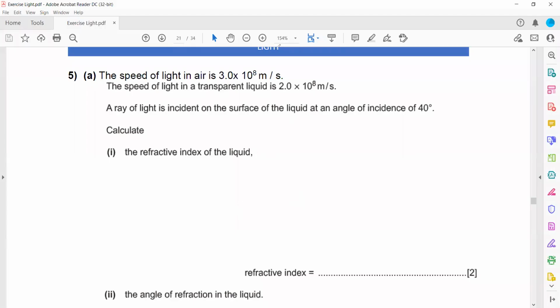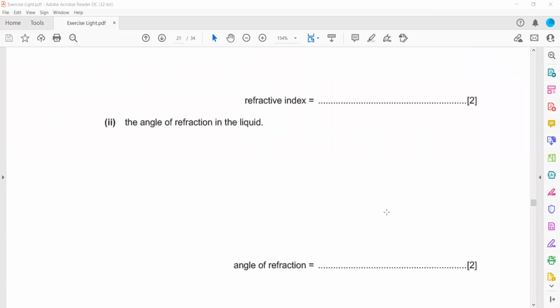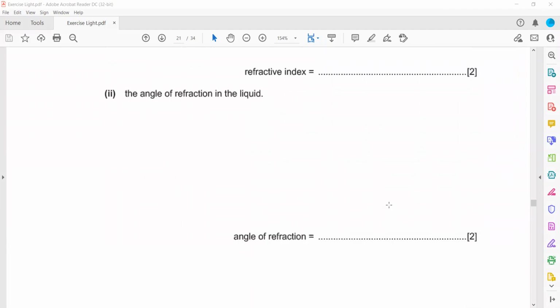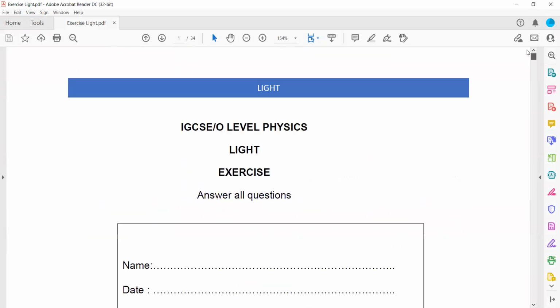So when we substitute the value, the angle of refraction will be 23.6. So it's worth 2 marks. Is it clear? These are some questions related to the topic of refractive index. Sometimes one of the angles is given and you need the second one, and sometimes both angles are given and you have to find the refractive index.